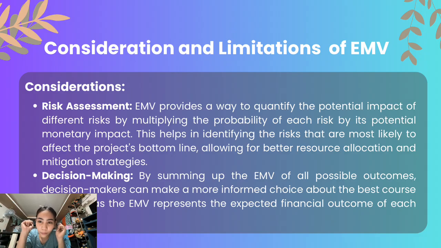Okay, so the EMV for the first one is of course 50,000, since 0.5 times 100,000 plus 0.5 times 0 would be 50,000. Option 1 has a higher EMV, so it's the better choice based on math. But risk-tolerant people might go for it, while risk-averse people might prefer option 2 because it's a guaranteed 40,000.